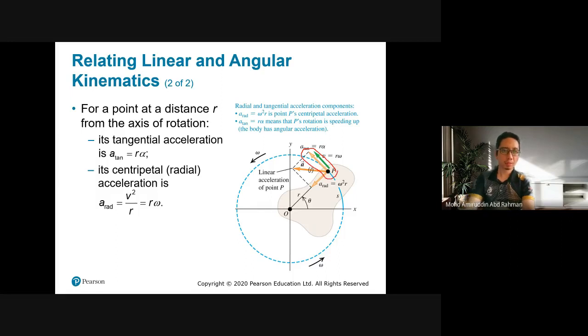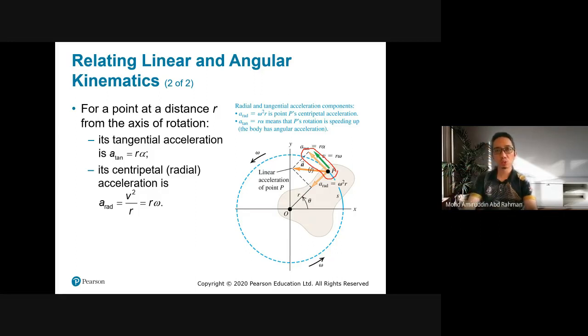As we learned in chapter 2 and chapter 3, when an object moves in a circle, the acceleration points into the center of the circle.